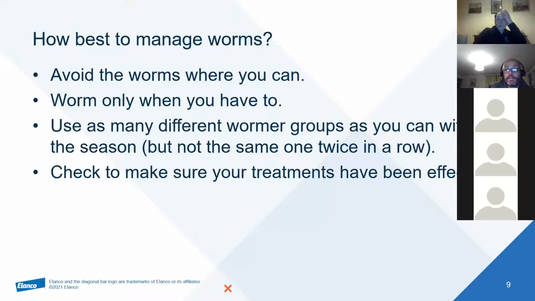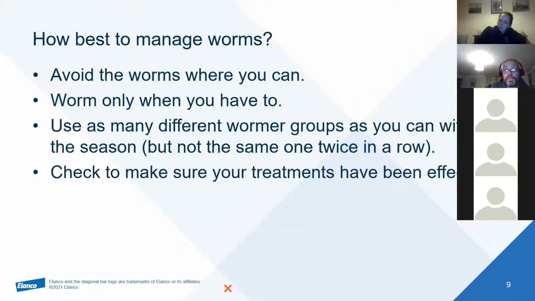And then the key thing that we need to do is check to see how effective your treatments have been. So if you're going to take the time and effort to bring a batch of lambs in and treat them, you want to make sure that treatment's been effective. And there are a number of reasons why that treatment might not be as effective as it should be.